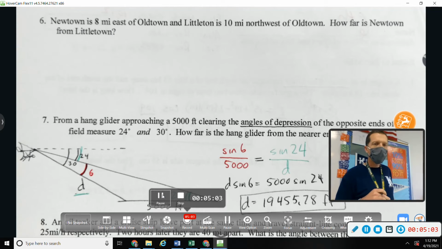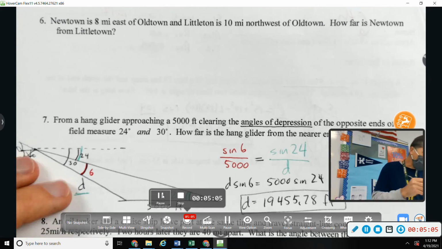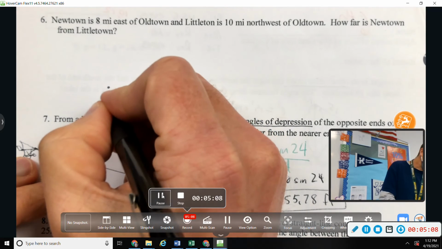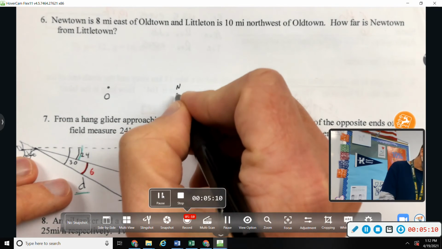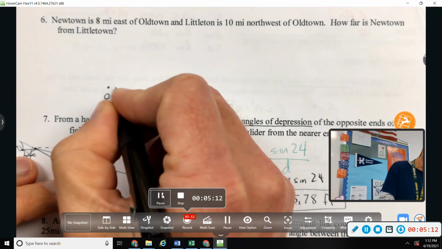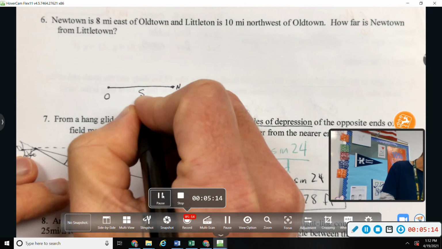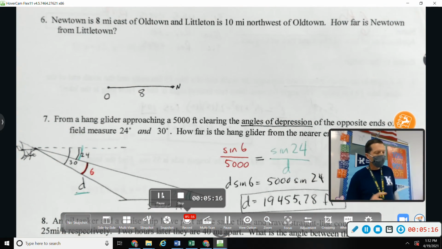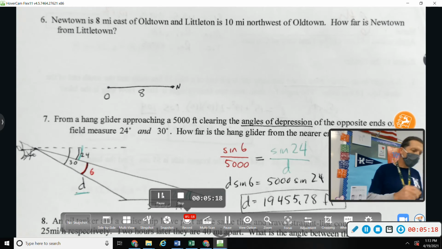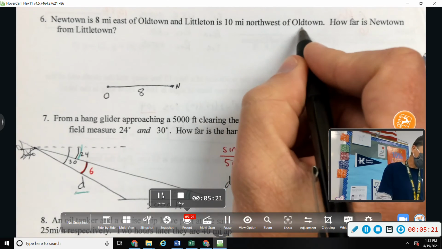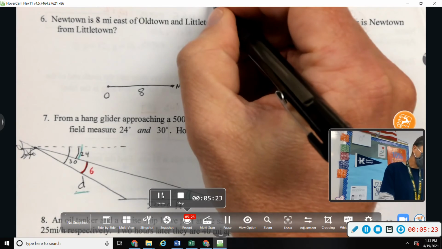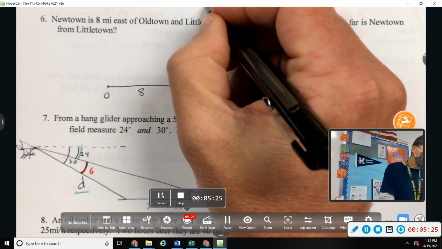So looking at number 6, Newtown is 8 miles east of Old Town. Littleton is 10 miles northwest of Old Town. Remember your compass directions here.